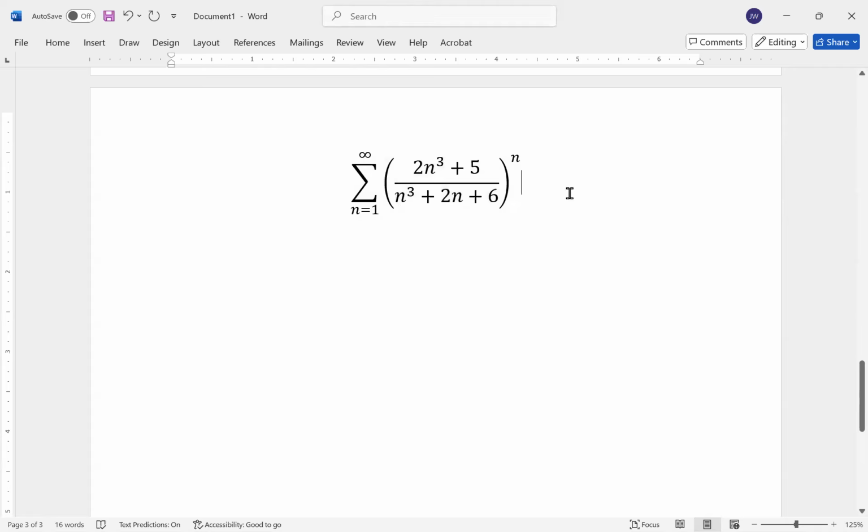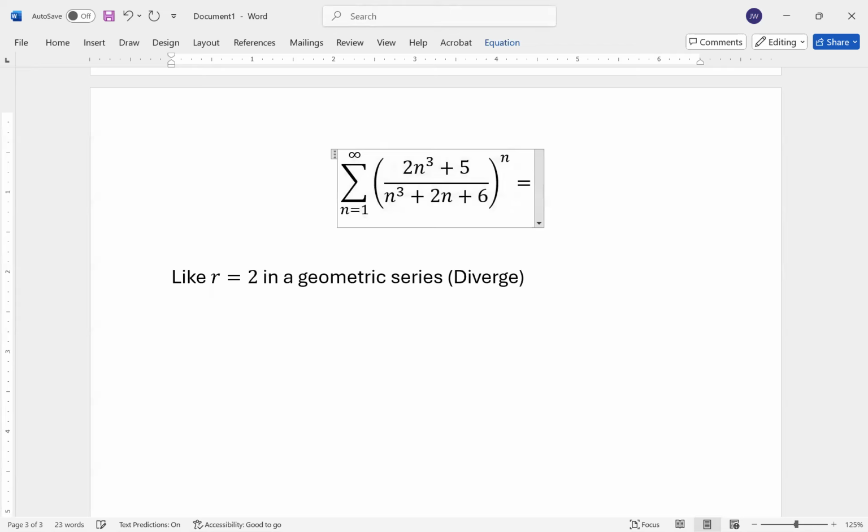So this is like having an R of 2 in a geometric series, which is obviously going to diverge. The geometric series would diverge if R is 2. Therefore, this infinite series is also going to diverge.